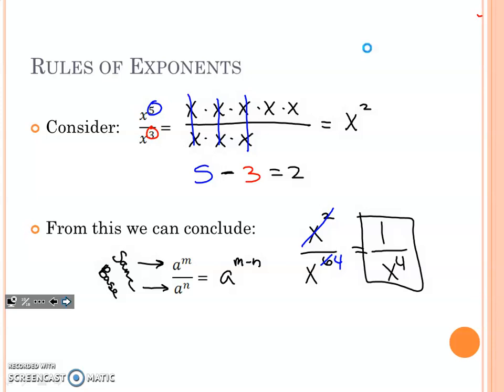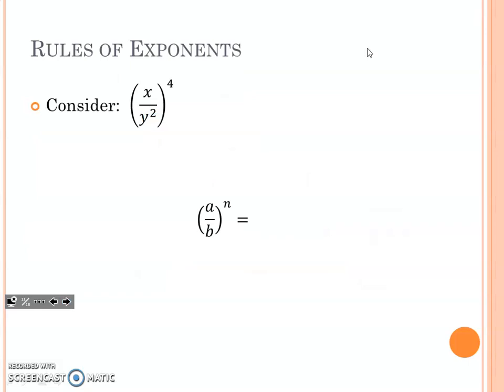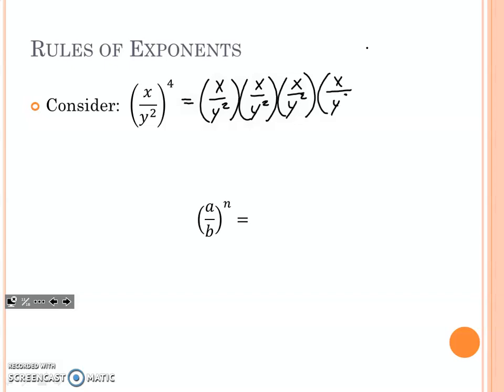Okay? Along with that quotient rule, I did want to show you guys this one down here, and this is going to be very similar to that other distributive property one. So if I have an x over y squared to the 4th power, that is going to give me an x over y squared times an x over y squared times an x over y squared times an x over y squared.